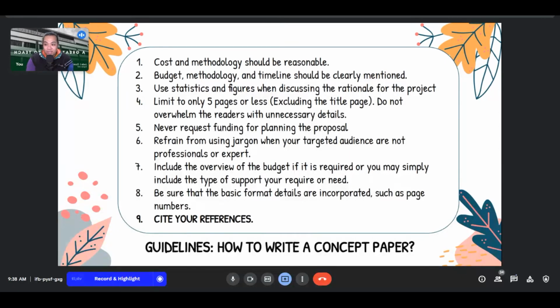Next, budget, methodology and timeline should be clearly mentioned. Okay? This is what I like about ABM students, not that I don't like any other kind of student, but because by the time we write the concept paper, nakakuha na sila ng accounting 1, yung nakakapag-columnar, nakakapag-balancing na sila.